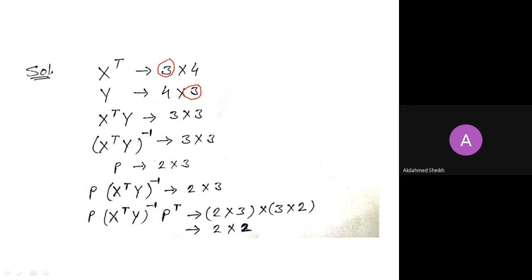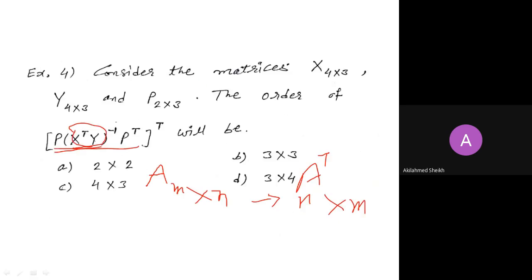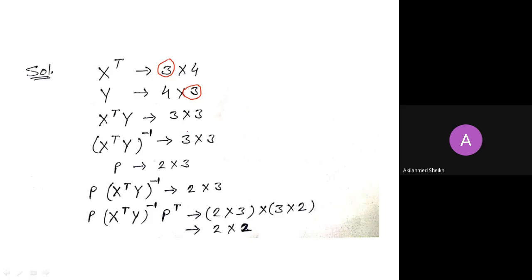So the order becomes 3 by 3. Next, we have to find its inverse. Inverse does not change any order. Again, we know that an inverse exists for a square matrix. So the order is again 3 by 3.